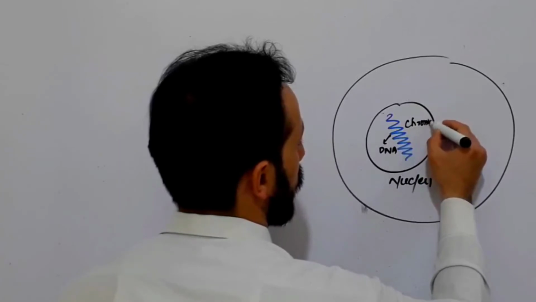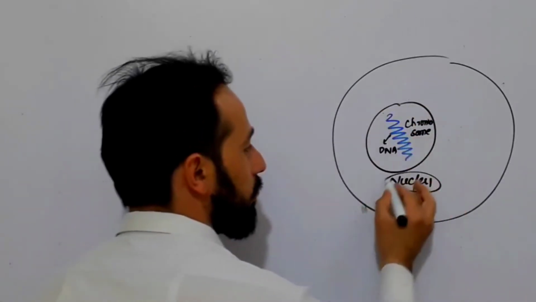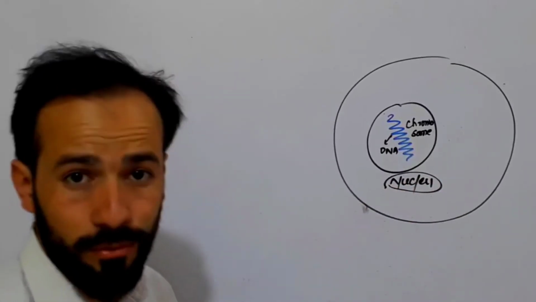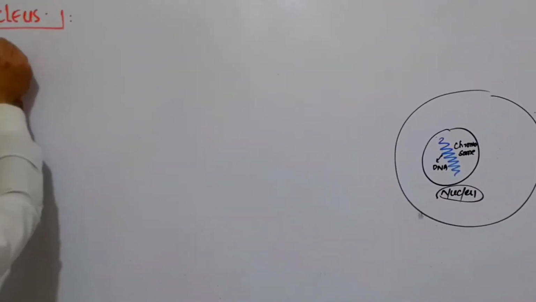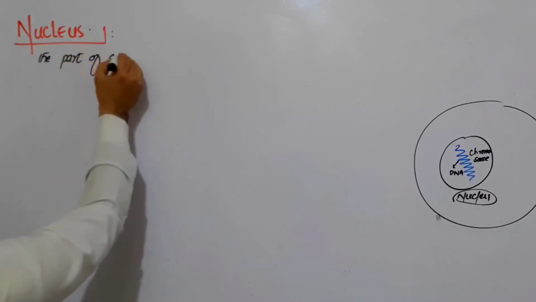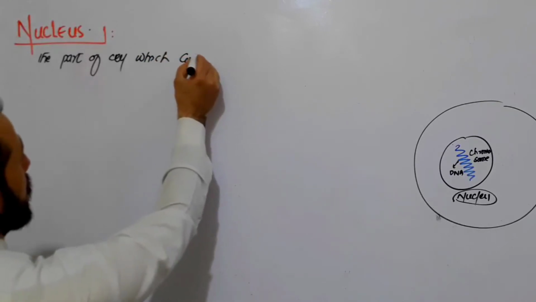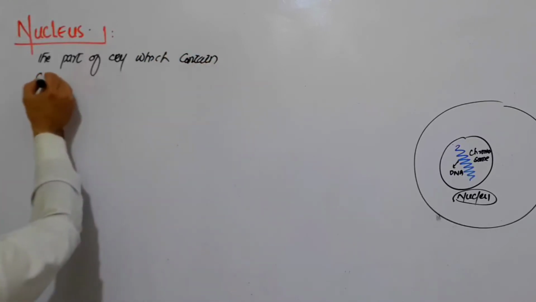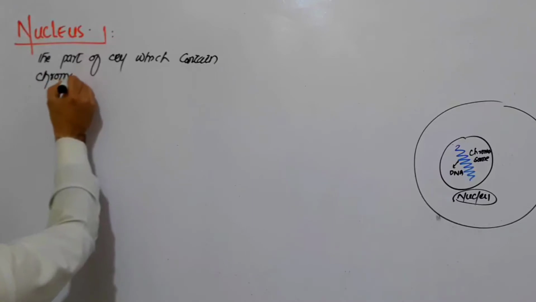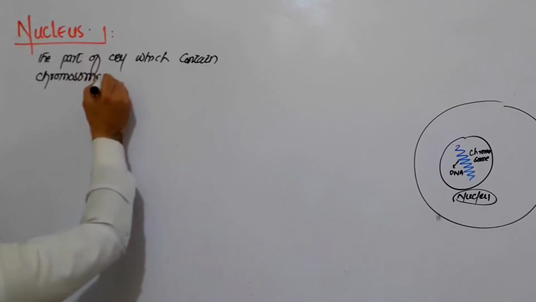So the nucleus is the part of the cell which contains the chromosomes. This is the very simplified definition of the nucleus.